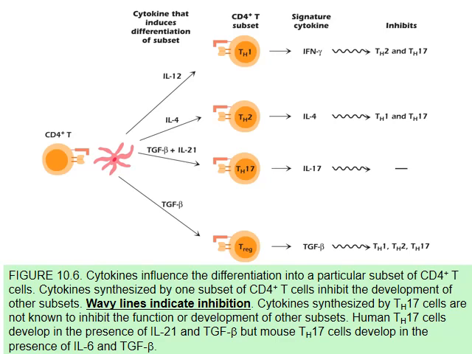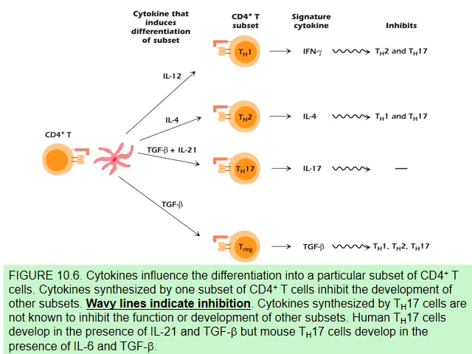And it could be negative, inhibition as well. So in this picture, if it's a wavy line, it says inhibition. Once an antigen presenting cell talks to a CD4 T cell, this antigen presenting cell has a message for the T cell to tell it what type of subset is needed, and what we need to produce. So these subsets are produced in response to these signals.